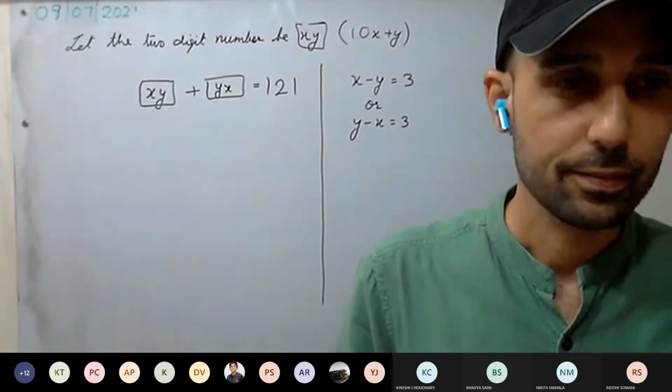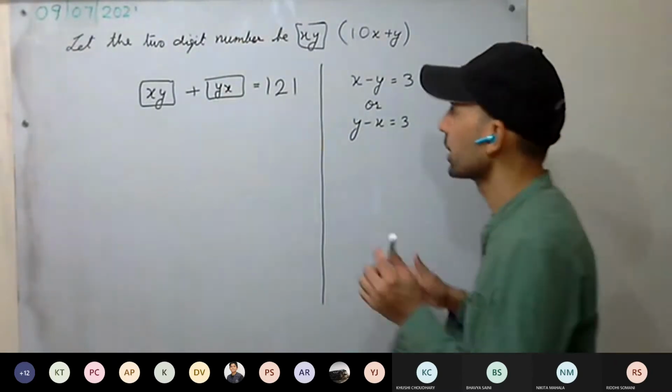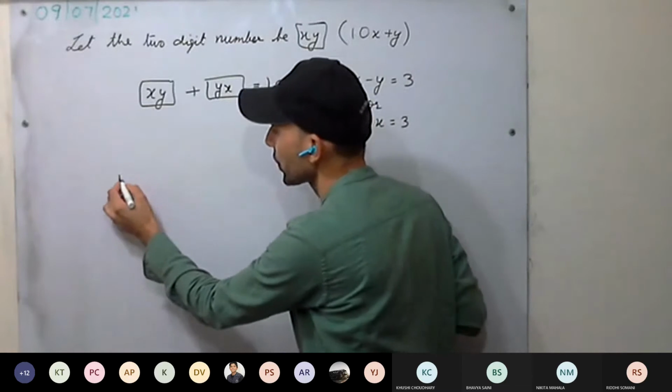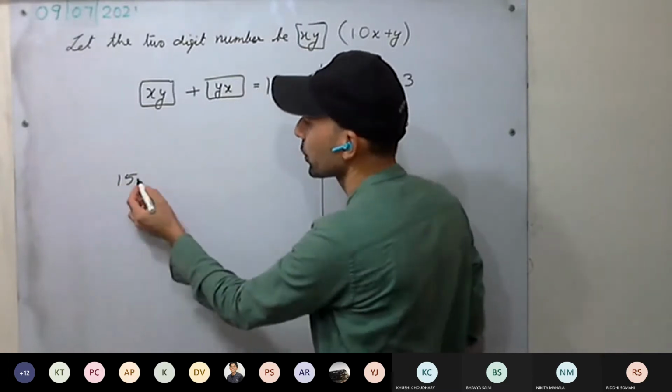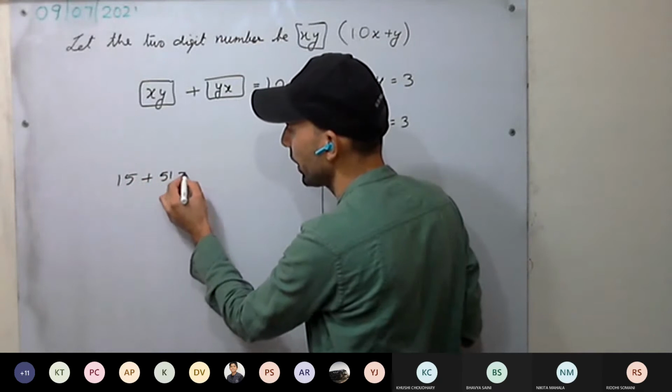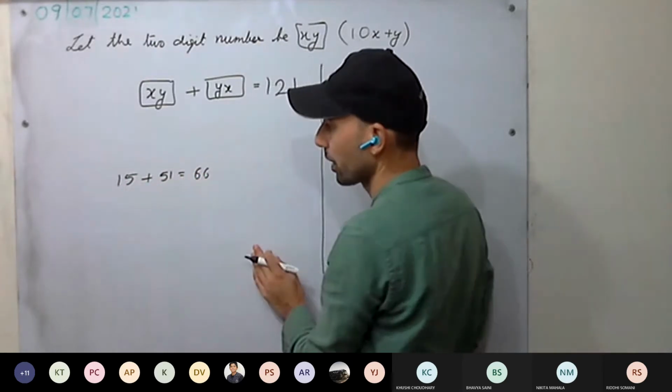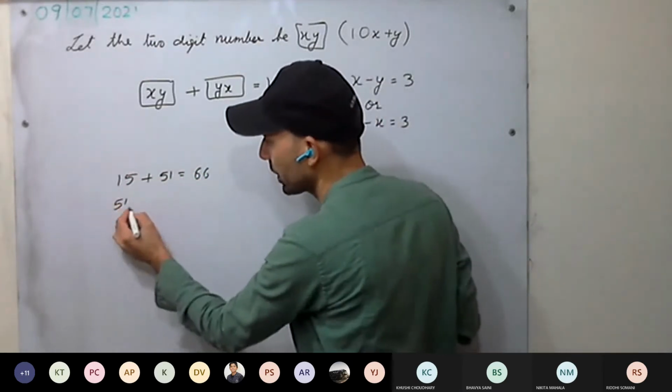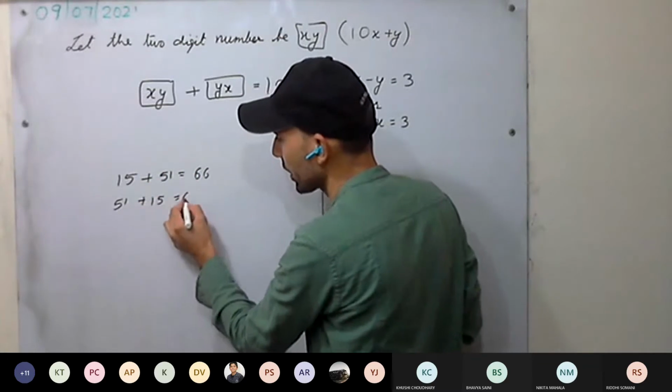Okay, if I take xy as 15, its sum with the number obtained by interchanging the digits will be how much? 66. Or if I take 51 as that number, then as well it is 66.